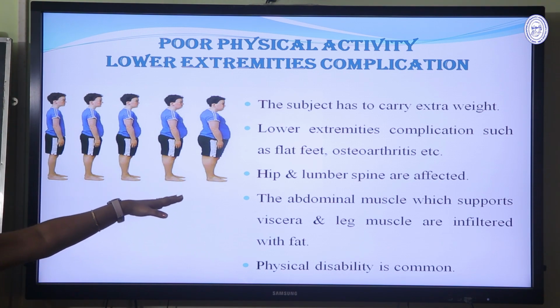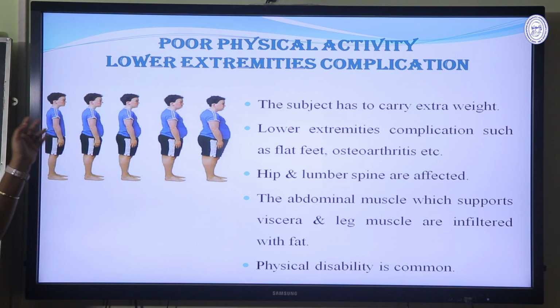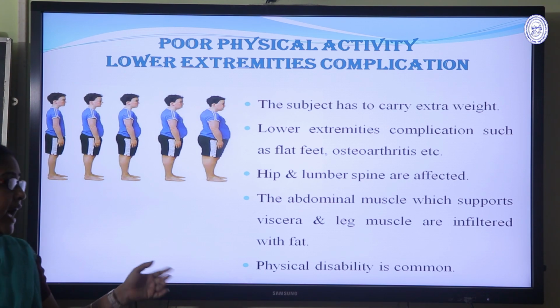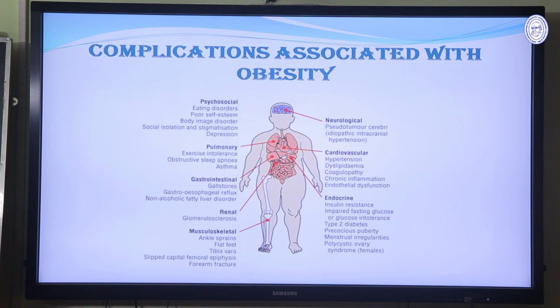Lower extremity complications are very common for this reason, like flat feet, osteoarthritis, joint pain, etc. Hip and lumbar spines are highly affected because of the extra body weight. The abdominal muscle, which supports the viscera, and leg muscles are infiltrated with fat, and physical disability is very common with high grade obesity, that is grade 2 or grade 3 obesity.